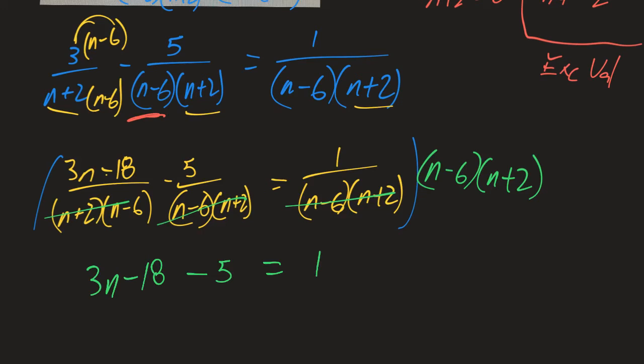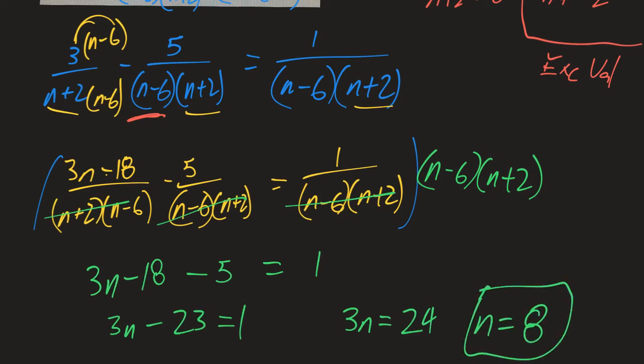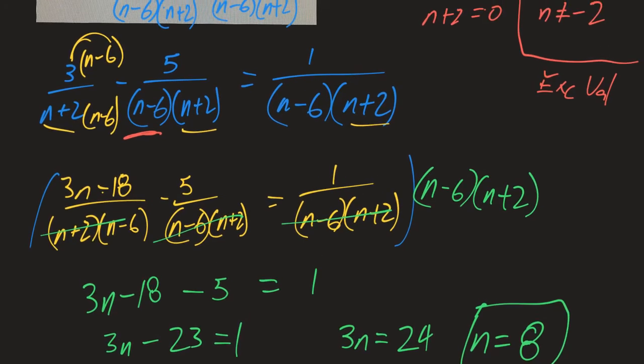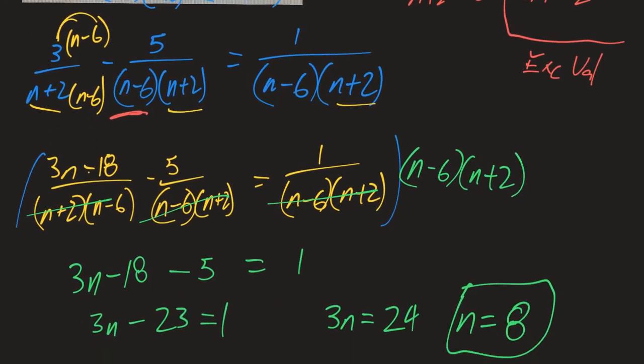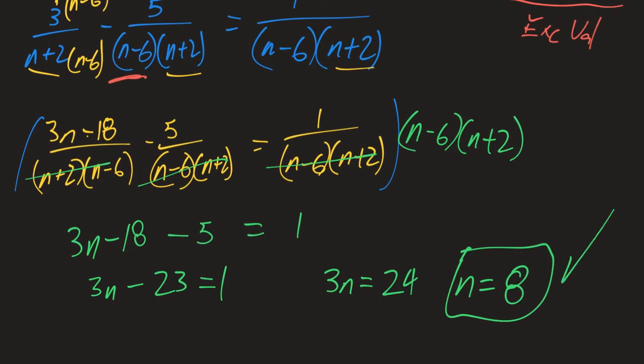And we can go ahead and start combining this. 3n minus 23 equals 1. 3n equals 24, and n is going to equal 8 as my final solution here. Okay, so is this one of my excluded values? Let's check. Doesn't look like 8 is in my list, so this answer looks good to me.